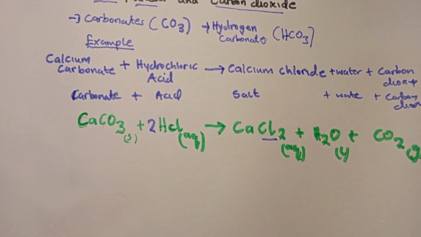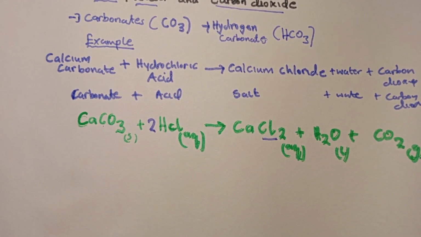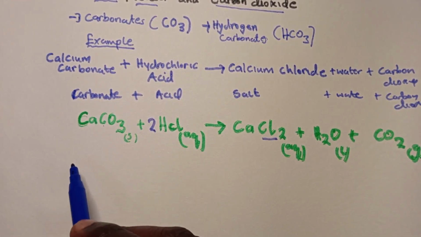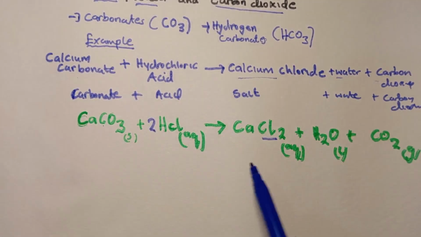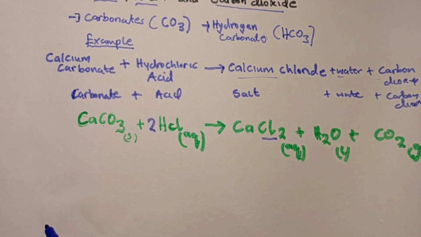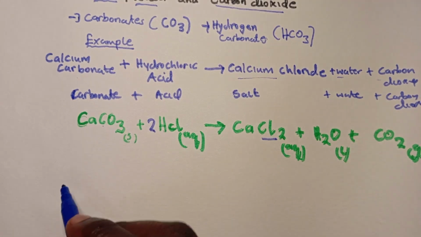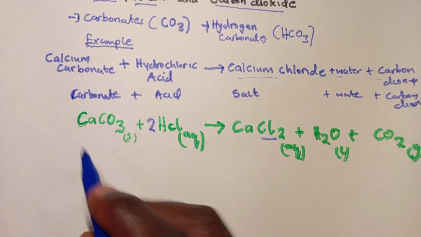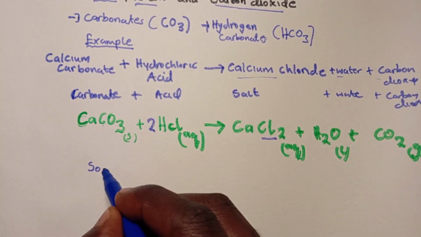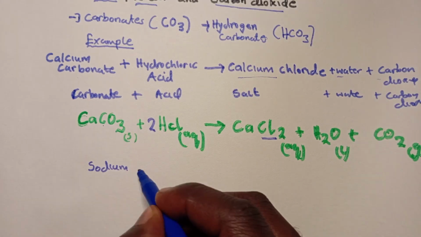What's important here is to note what is being given out, because you can get any carbonate of your choice. Now let's take a hydrogen carbonate. We say sodium hydrogen carbonate.